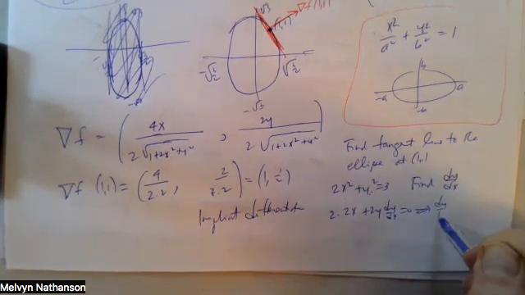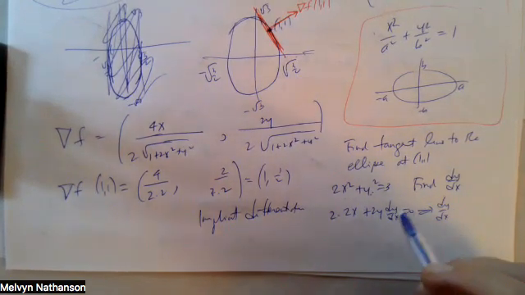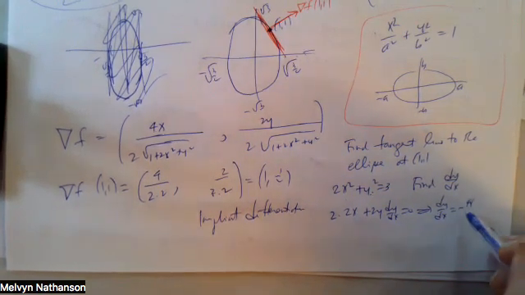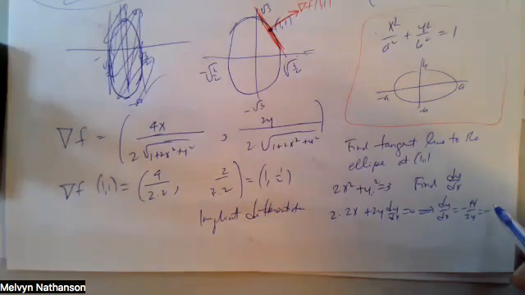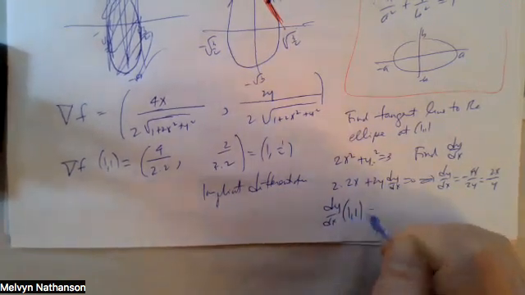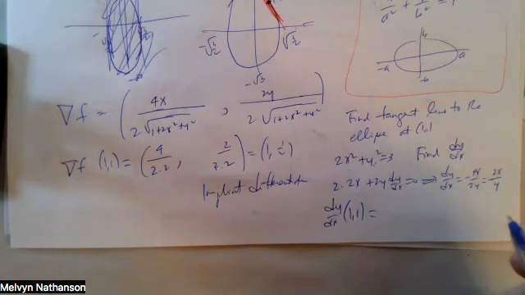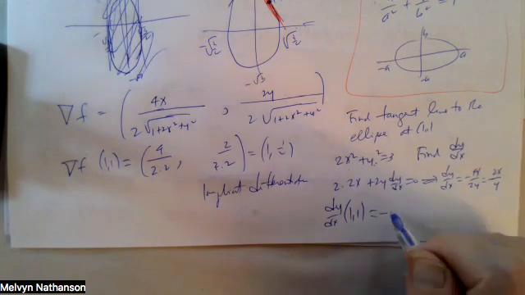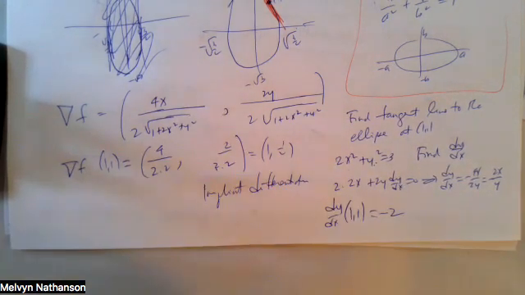So dy dx is minus 4x over 2y, which is minus 2x over y. So dy dx at the point 1, 1 is minus 2. So the derivative at this point is minus 2.